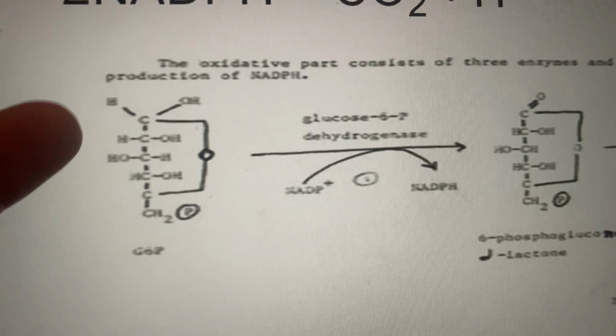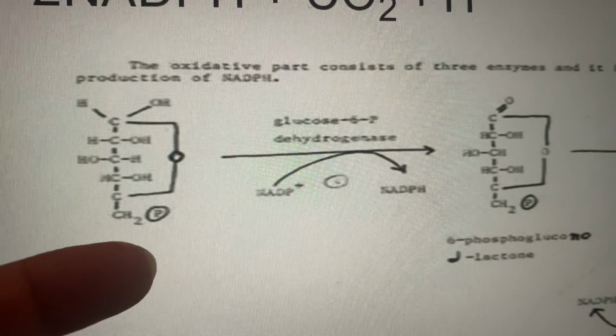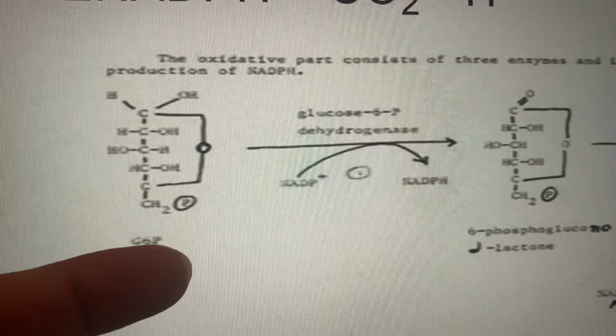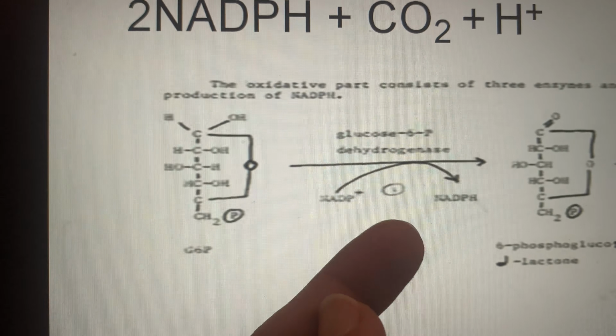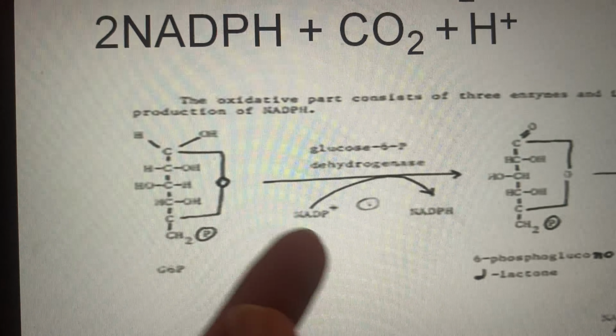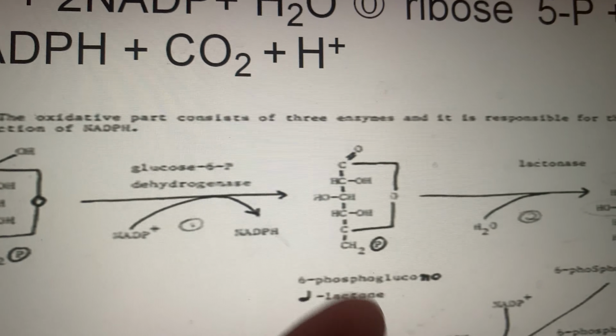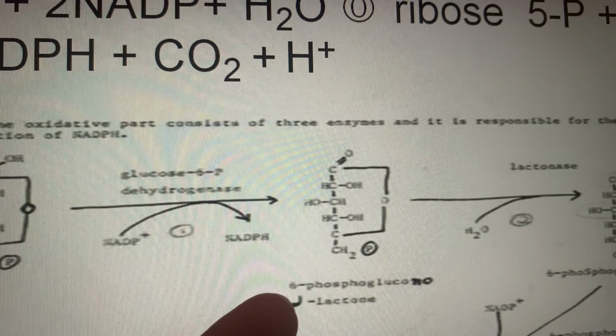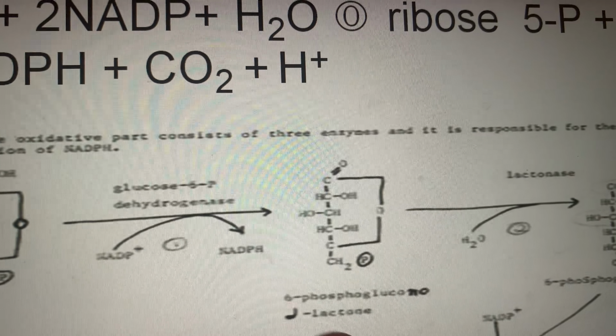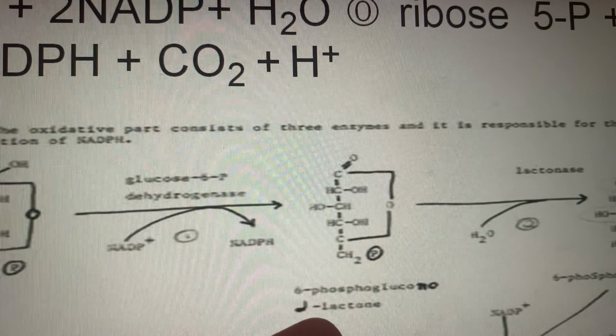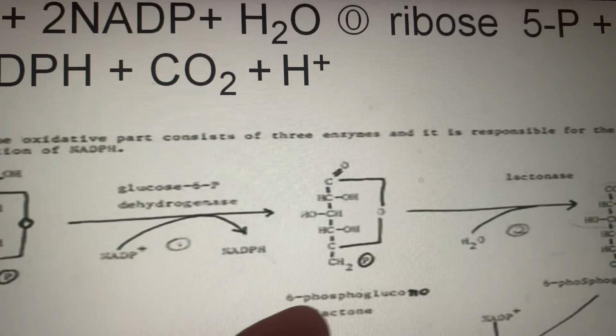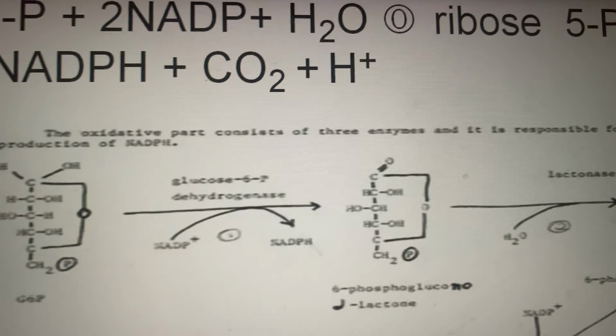In the first step, this one is glucose 6-phosphate, and in the presence of glucose 6-phosphate dehydrogenase, NADP is converted to NADPH, and there is production of 6-phosphogluconolactone, a sigma lactone, as you read in the last slide.